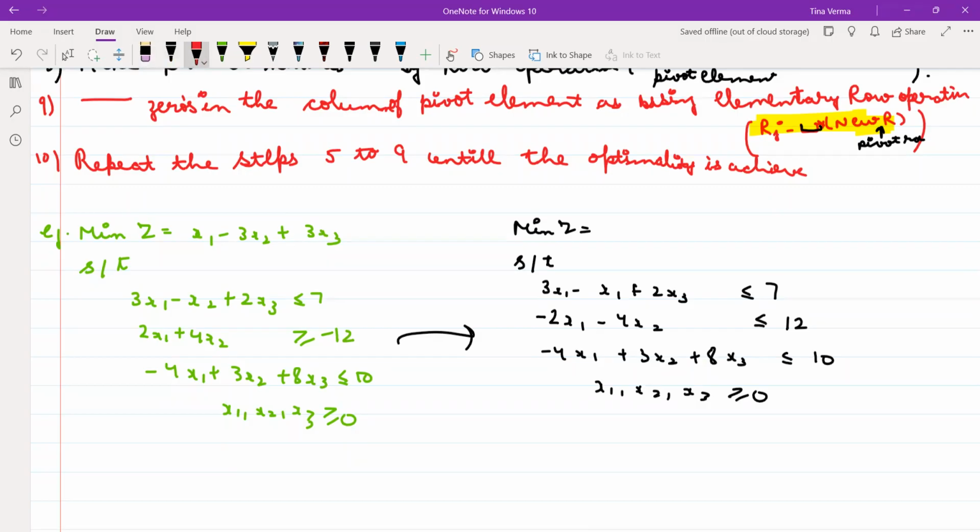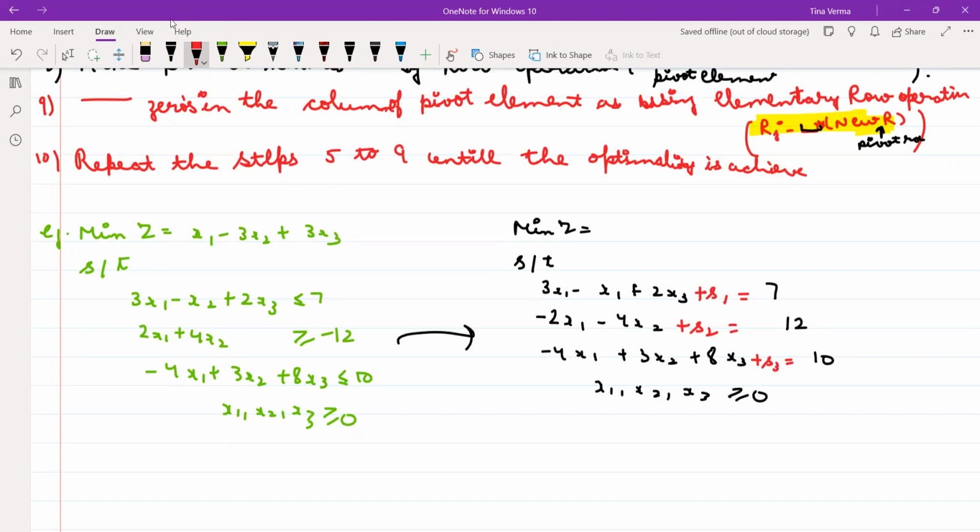So I'll add slack variable in this and my inequality will change to equal, right? I will add a second slack variable in the second constraint and this will be equal. And I will add a third slack variable in the third.